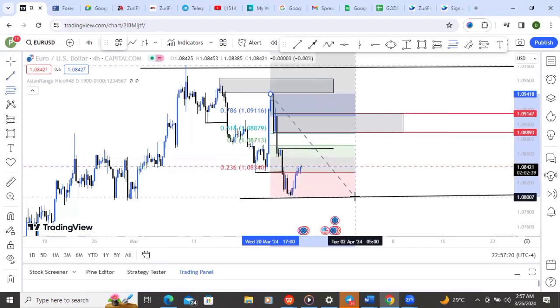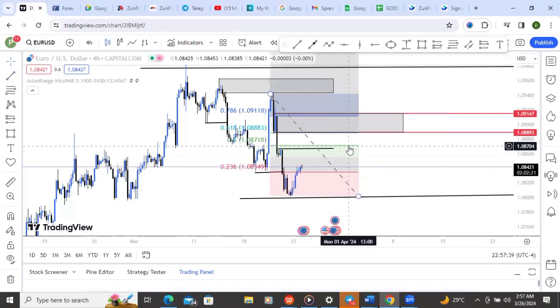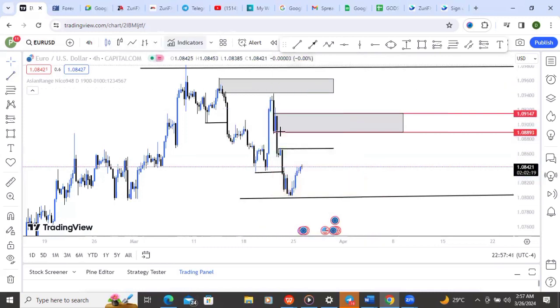You realize that this zone is below the 50% fib level, and you would not like to sell in a discount zone. You would like to sell in a premium zone. That's why we are not taking this zone. We're going to use this zone as our inducement.